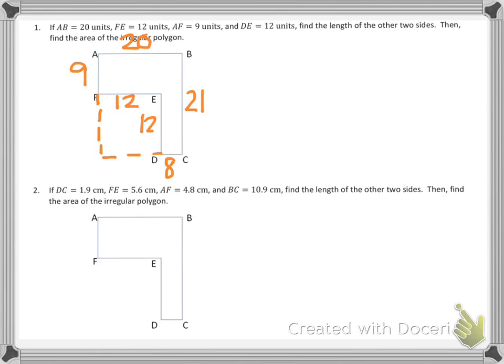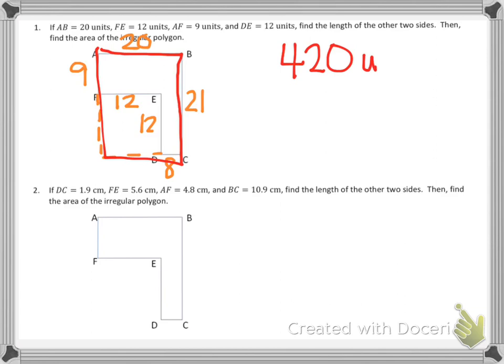Okay, so now I have all of the units that I need, and I'm going to start to calculate by composing the giant rectangle first, and that giant rectangle is right here. It is a 20 by 21 rectangle. So 20 times 21 is 420. So the entire rectangle is 420 square units.